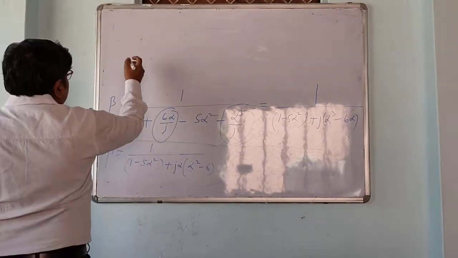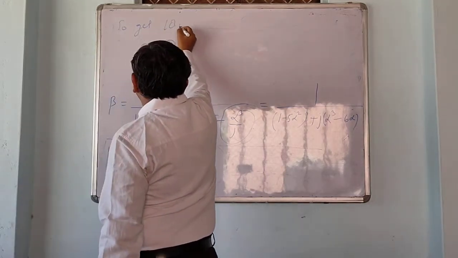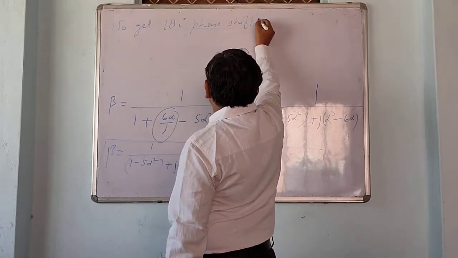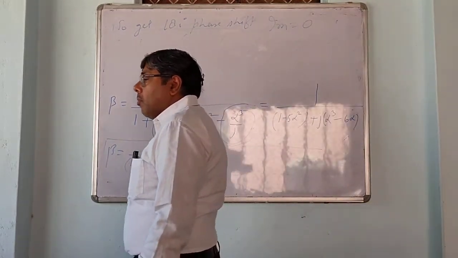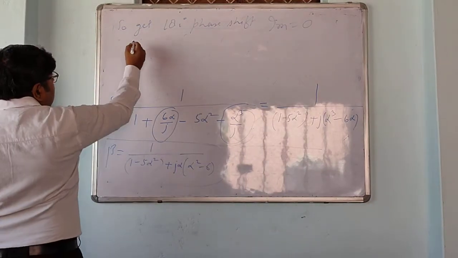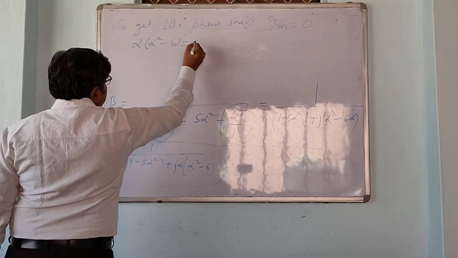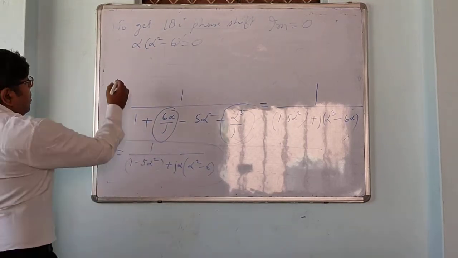To get a 180-degree phase shift, the imaginary part equals 0. That is this part, alpha times alpha square minus 6, equals 0.